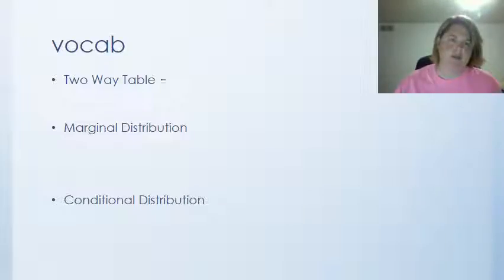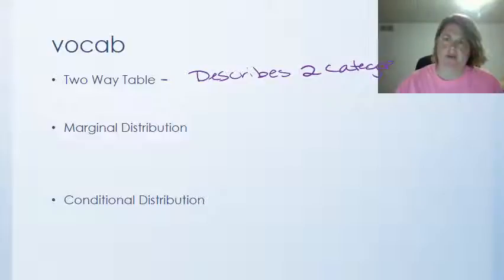All right, so a two-way table describes two categorical variables. So what we've been looking at up to this point has only been one variable.